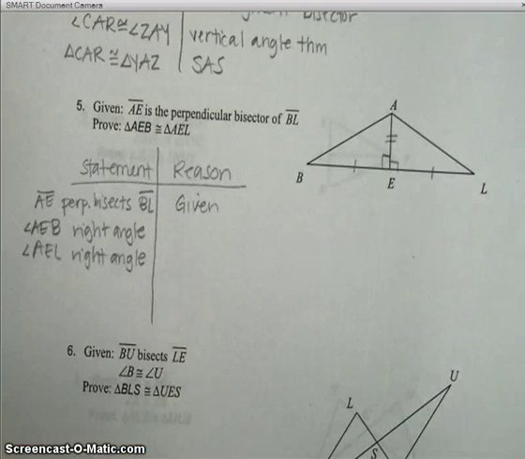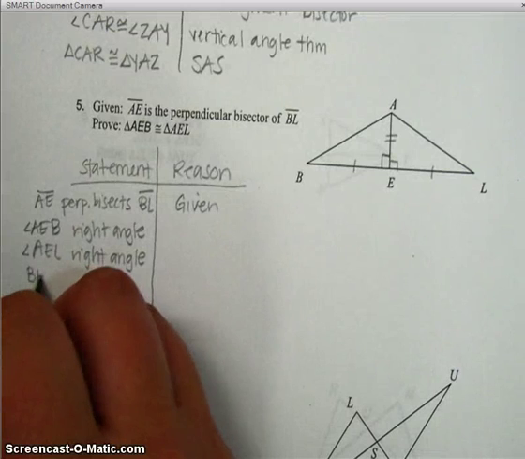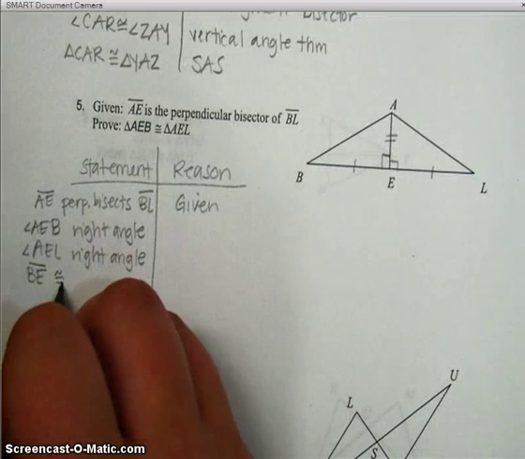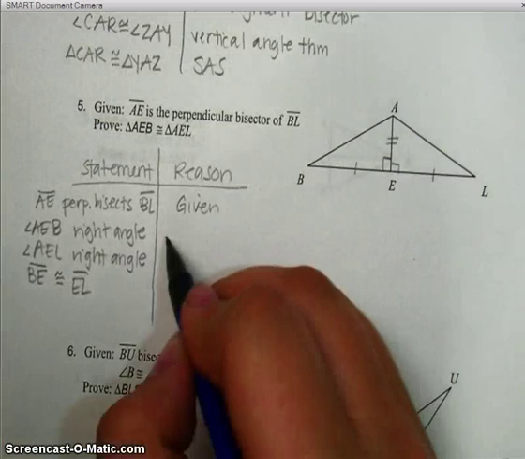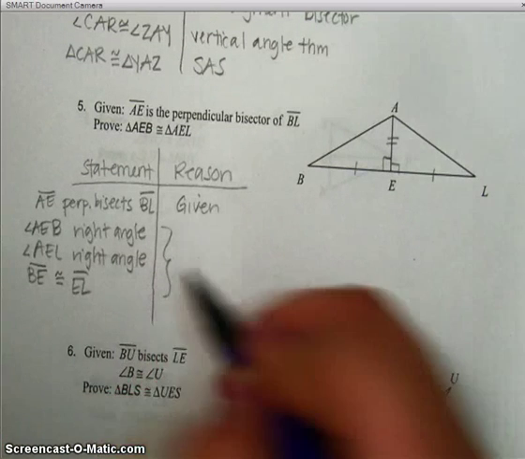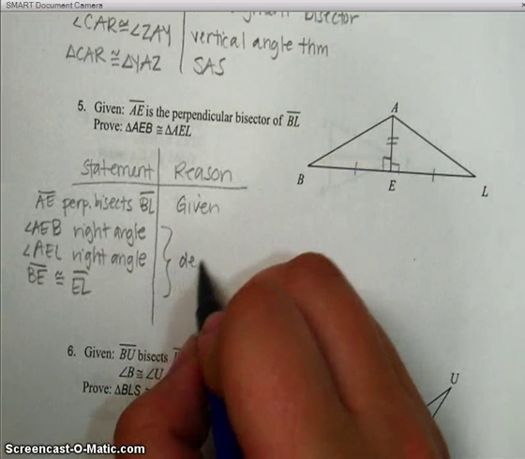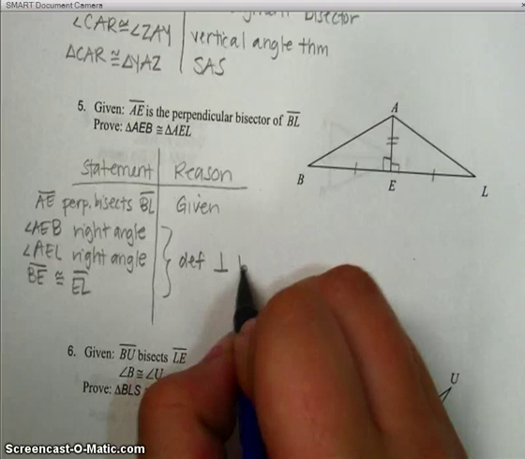We were also able to see that BE is congruent to EL. And all of these come from the definition of a perpendicular bisector.